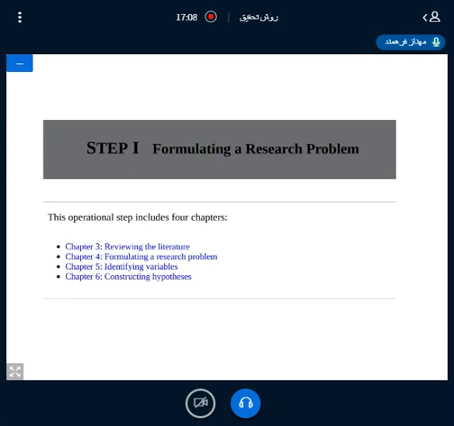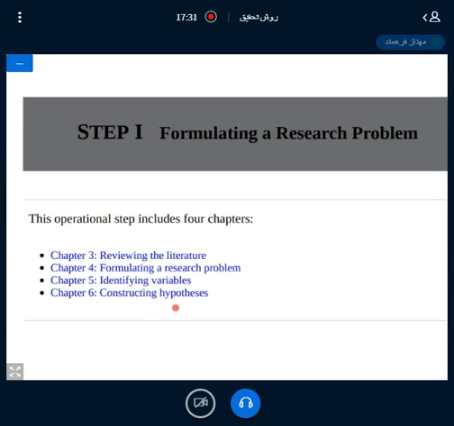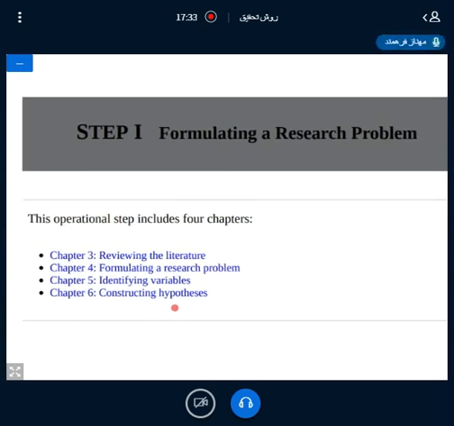Okay, so we are going to learn from research, formulating a research problem. This operational step includes 4 chapters.